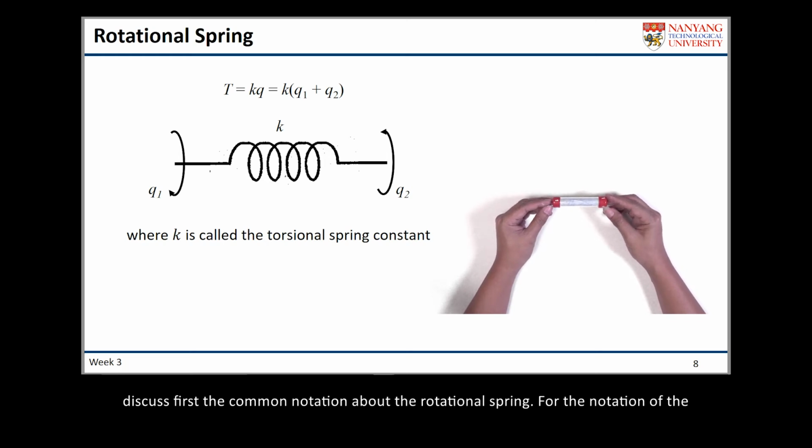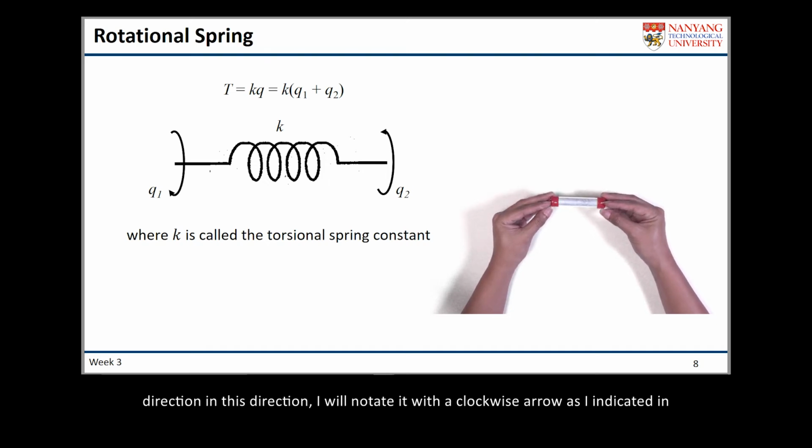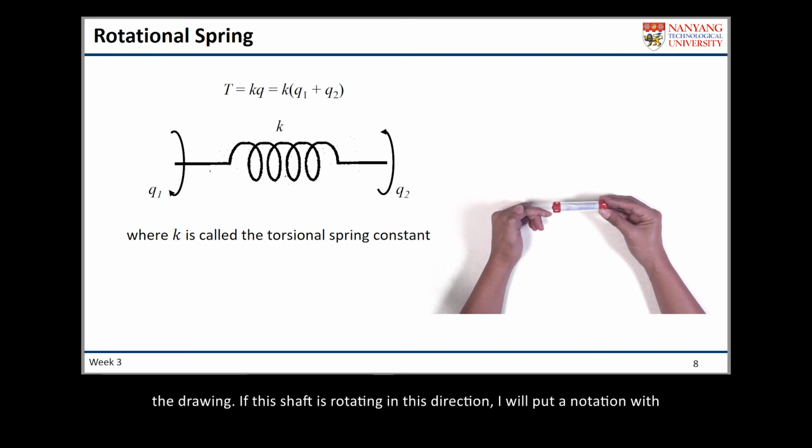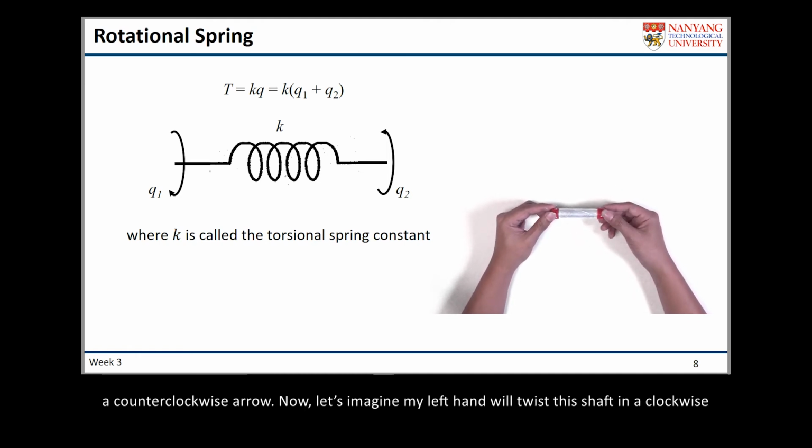For the direction of this rotational spring, in the drawing, if the spring is rotating in this direction, I will notate it with a clockwise arrow as indicated in the drawing. If this shaft is rotating in this direction, I will put a notation with a counterclockwise arrow.